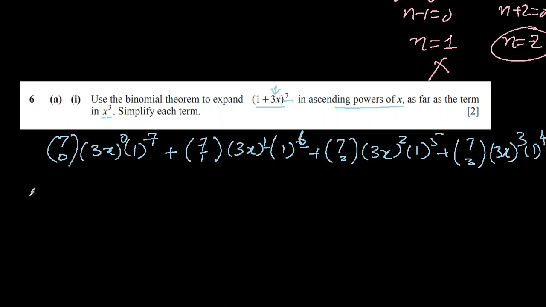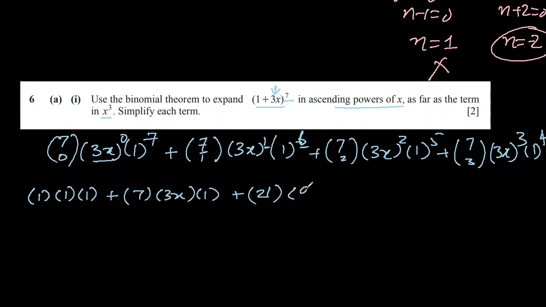So 7c0 is 1, anything power 0 is 1, and 1 to the power anything is 1, all three ones. 7c1 will be 7, 3x to the power 1, 3x, and 1, plus 7c2 is 21, 3x square will be 3 square, and x square, which is 9x square.